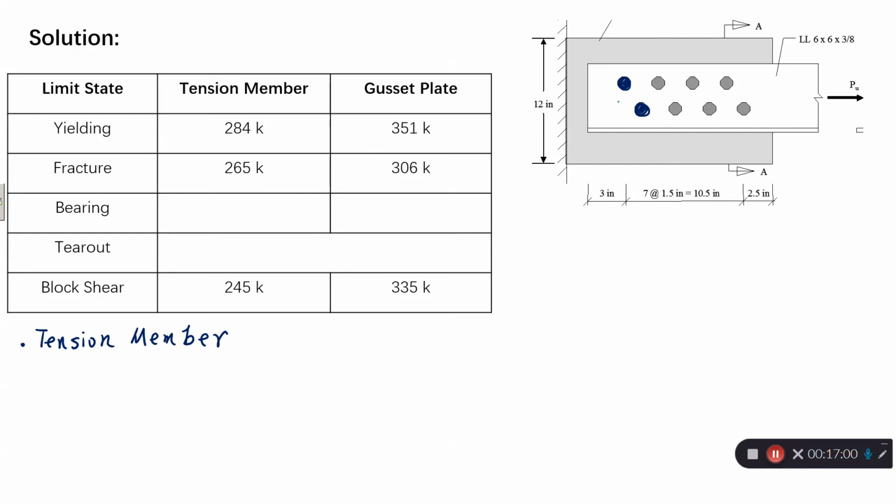For this one, the center to the edge is 3 inches, and the bottom line is shifted to the right by 1.5 inches, so that's 4.5 inches. Let's say this is exterior bolt 1 and exterior bolt 2, and all the others are interior bolts.